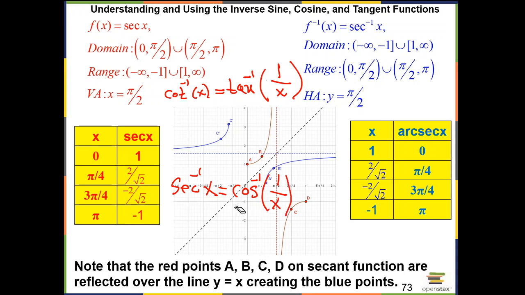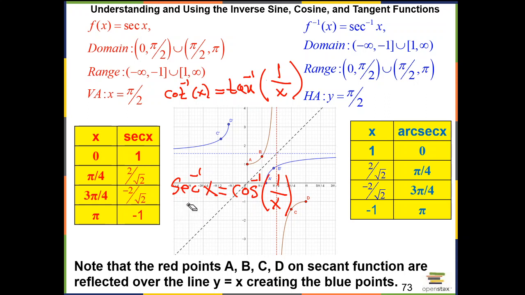Why? Because secant and cosine have the same restrictions. Of course, there is a pi over 2 that doesn't work, but we don't need that. We know, I said it's true for domain values of x. So if this number is not in the domain of cosine inverse, it is not here either, so we don't need it.